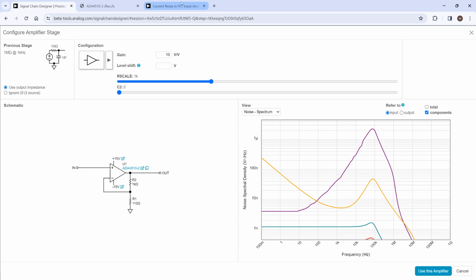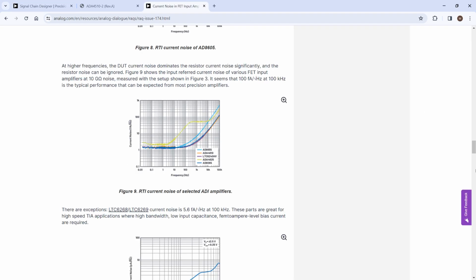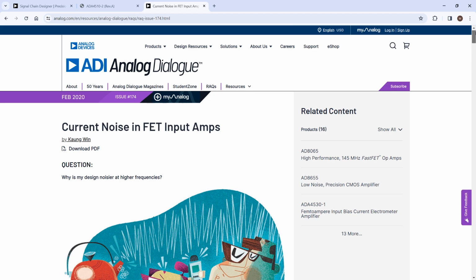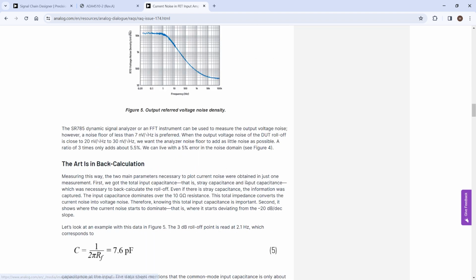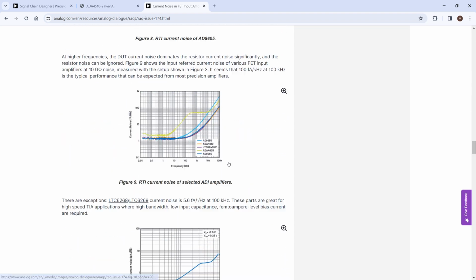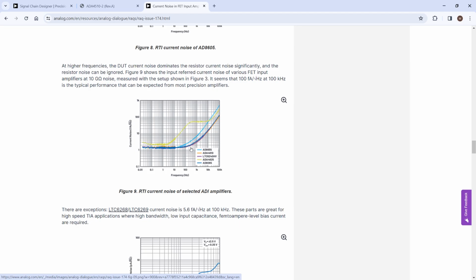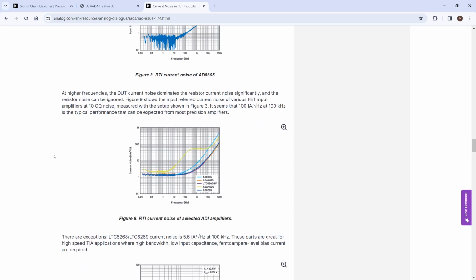One thing to know is we've got this really nice article by Kong Wen called Current Noise in FET Input Amplifiers. It goes through this behavior, and it's got this nice little chart here at the bottom that compares a few different FET input amplifiers. So a nice little write-up on this behavior.